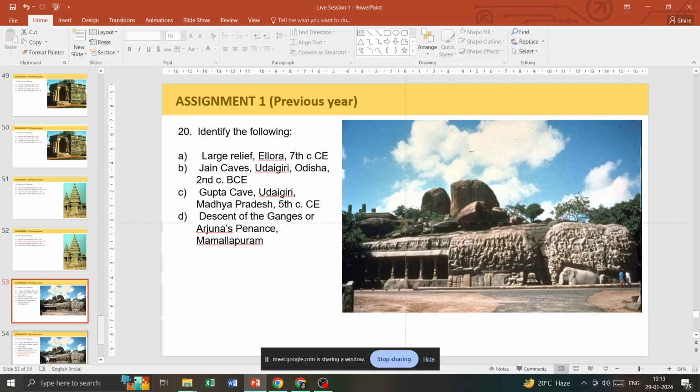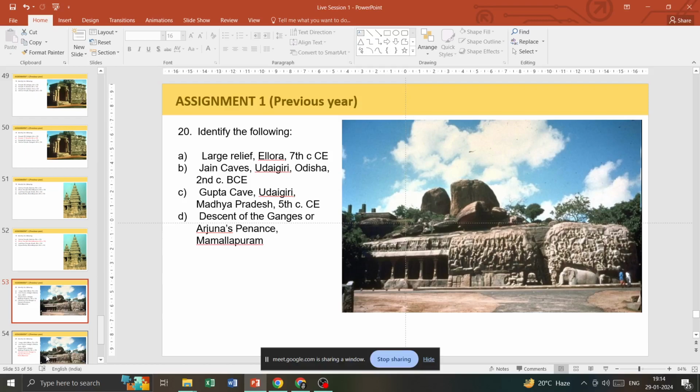It is locally called Arjun's Penance, and it is a monument at Mamallapuram. Legend says that it's a giant open-air rock relief, carved onto monolithic rock boulders, and the legend depicted in this relief is the story of the descent of the sacred river Ganga to earth from heaven, led by Bhagirath.